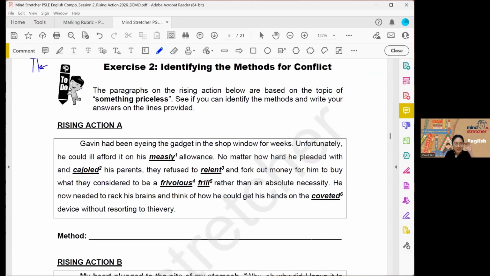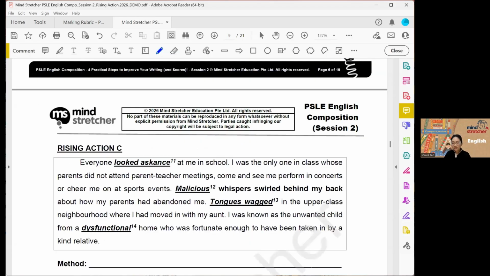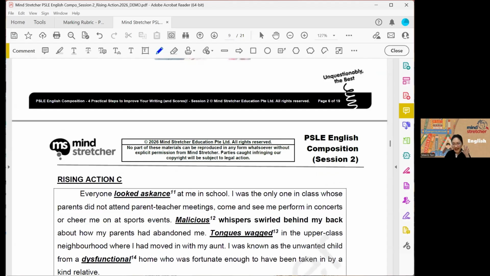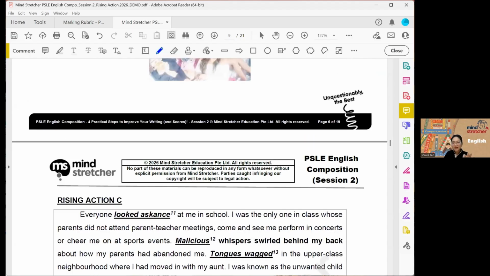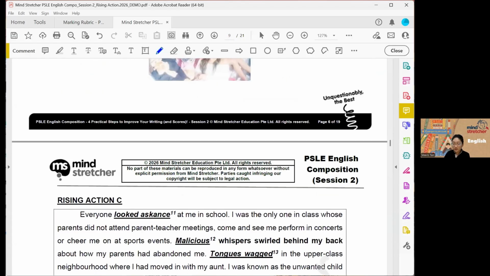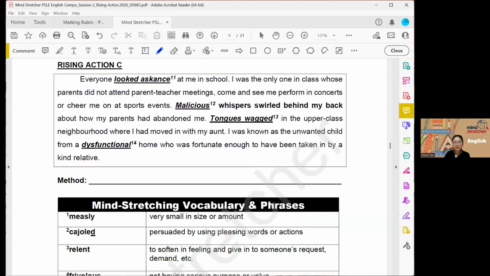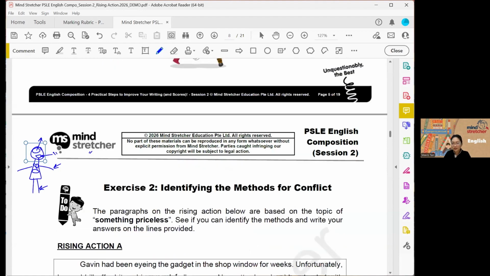Let's take a look at rising action A, B, and C. Okay, I'm going to pause here. I'll give you 5 minutes. 5 minutes to read rising action A, B, and C. The meanings of the underlined words are at the back, so you can find out their meanings. And I want you to write down the method. So earlier on, we talked about different kinds of conflict, right? Like all these conflicts.